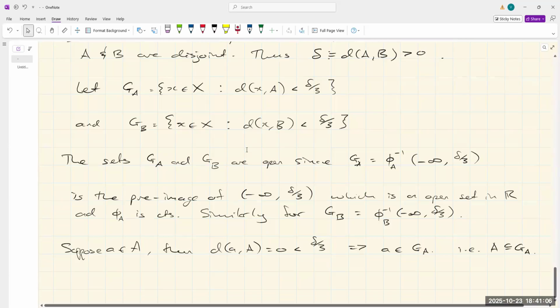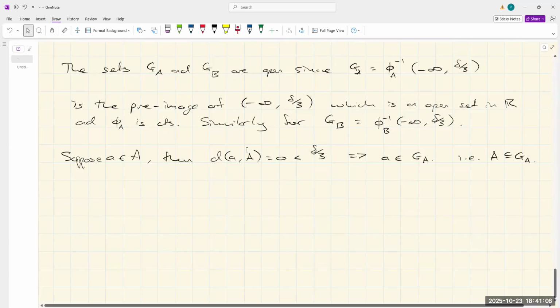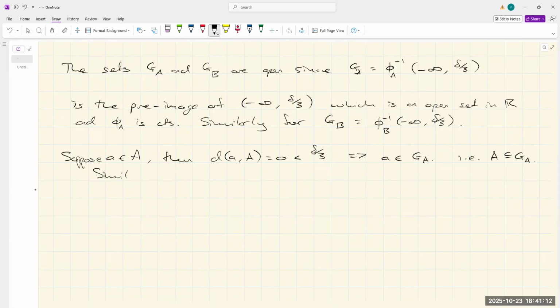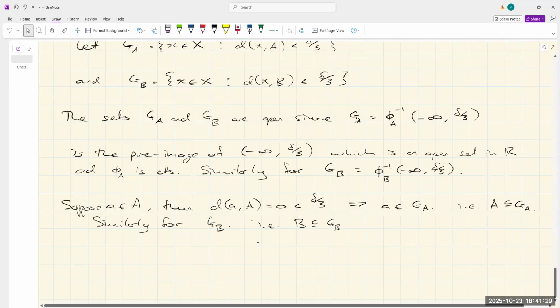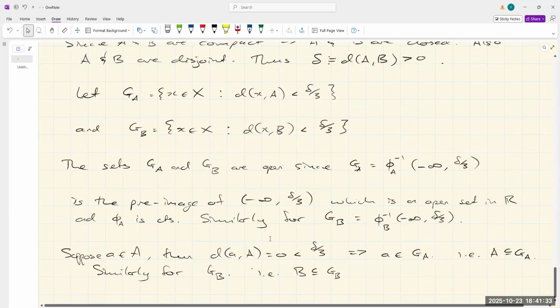And same thing for B. Similarly for GB, B is contained in GB. Okay, so A is contained in GA, B is contained in GB, and GA and GB are open. So we have almost everything.